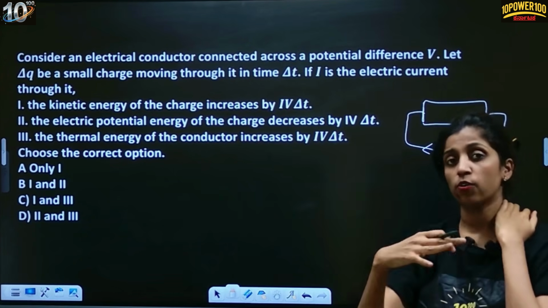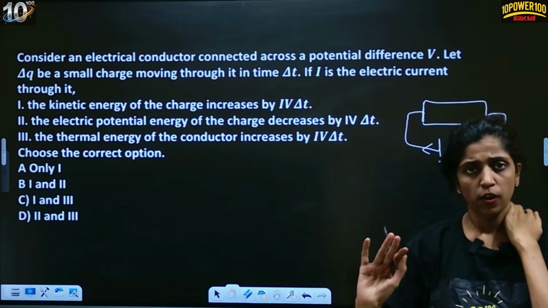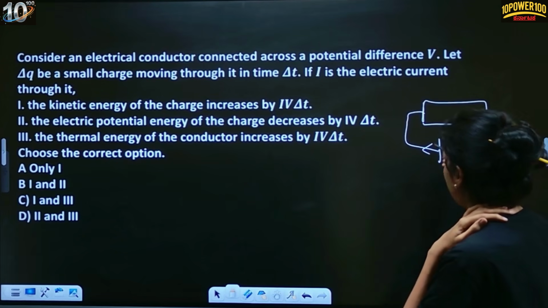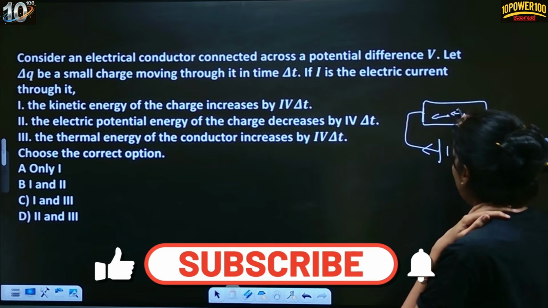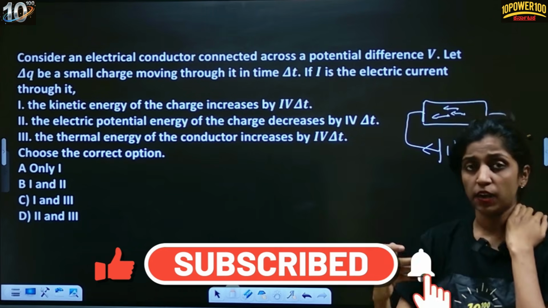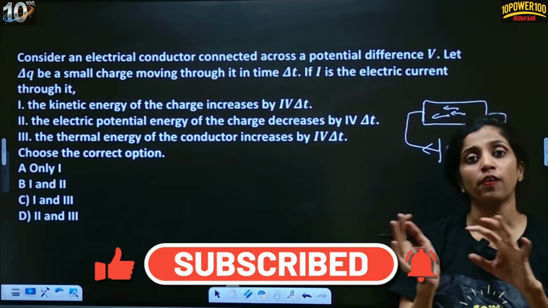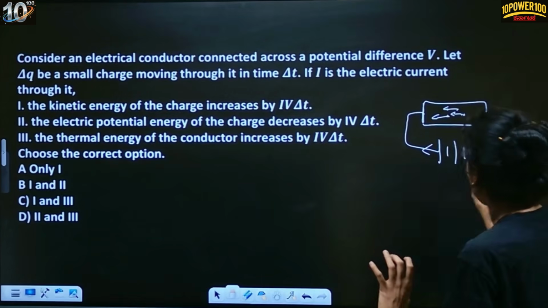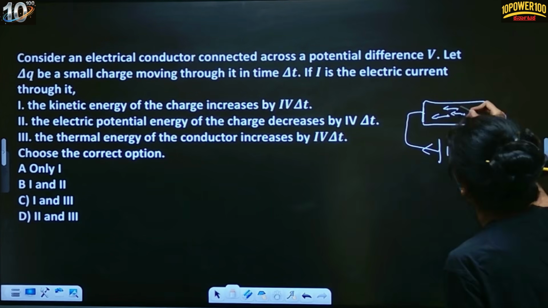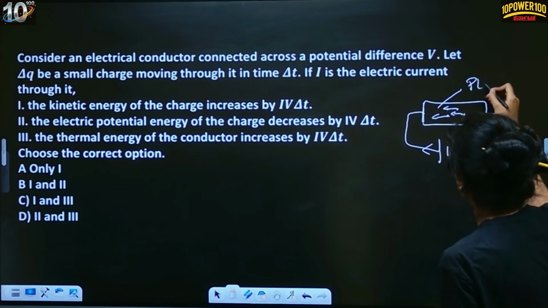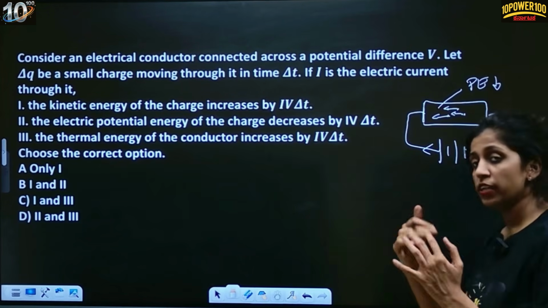As you all know, electrons will be moving randomly. When you apply the electric field, electrons move from negative to positive, whereas before applying an electric field they move randomly. But once you supply the electric field, they move in one particular direction. When they move in one particular direction, its potential energy will decrease, guys.